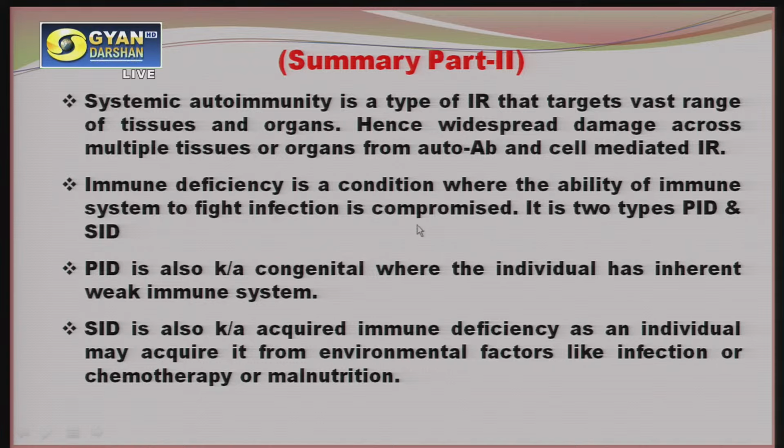It is of two types, primary immune disorder and secondary immune disorder. The primary immune disorder is also known as congenital, where the individual has an inherent weak immune system, and the secondary immune disorder is also known as acquired immunodeficiency, which an individual may acquire from environmental factors such as infection, chemotherapy or malnutrition.